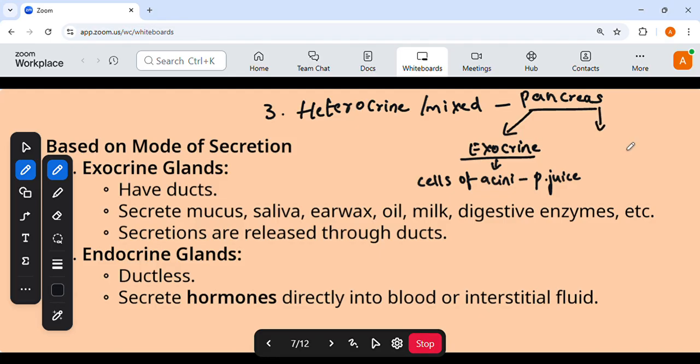And the other part acts as endocrine. The endocrine part releases hormones from the islets of Langerhans. They secrete hormones. So this is about the three different types of gland based on secretion included under glandular epithelium.